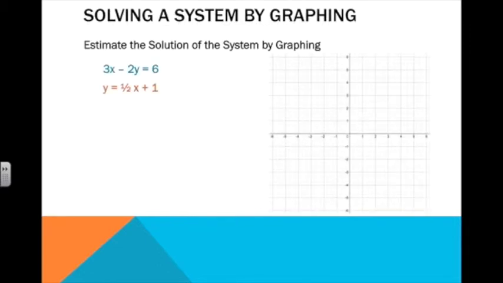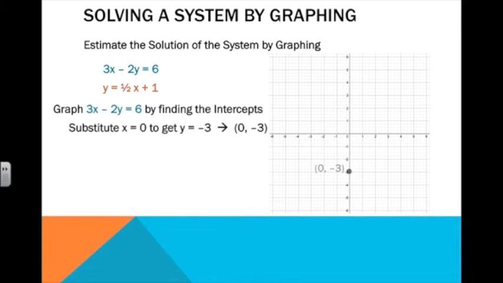So let's try estimating the solution to the system of equations 3x minus 2y equals 6 and y equals 1/2 x plus 1. First, we'll graph 3x minus 2y equals 6 by finding the intercepts. To find the y-intercept, we substitute 0 in for x and solve to get y equals -3.